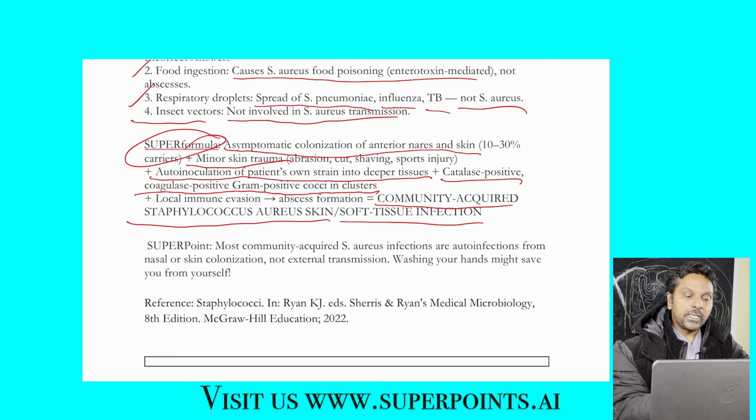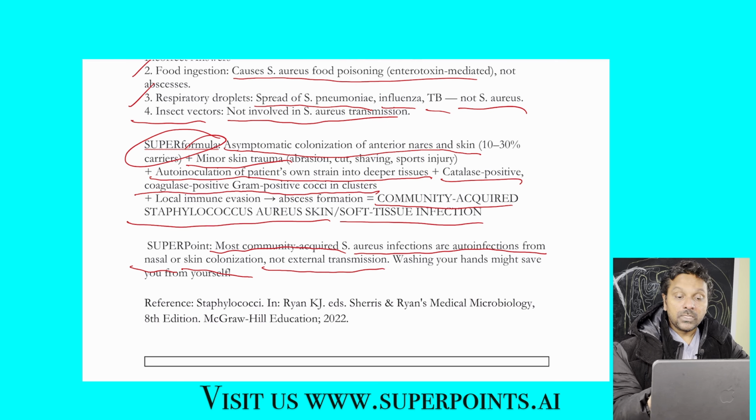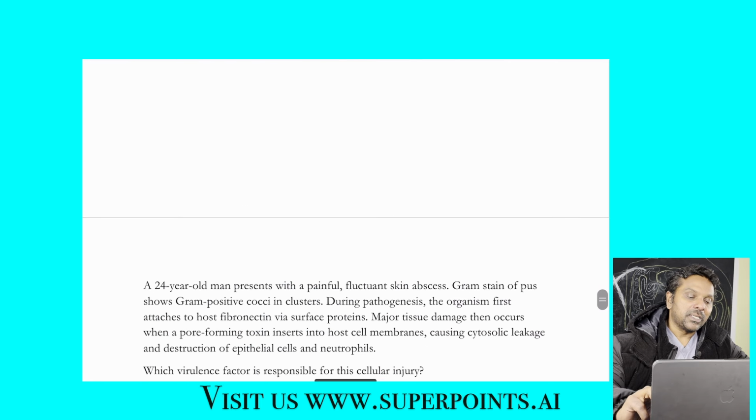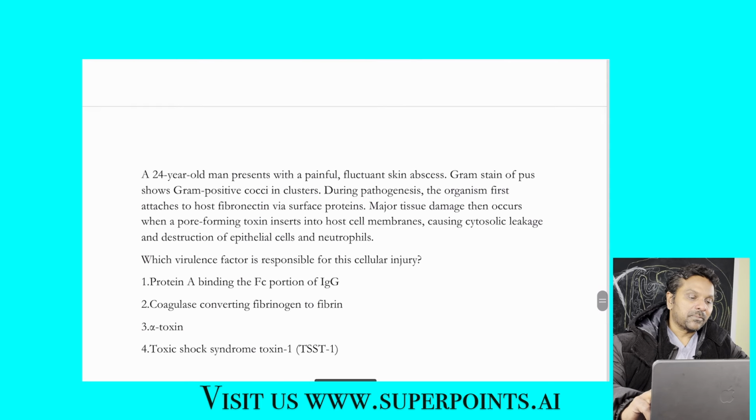The super point here is most community-acquired Staph aureus infections are auto-infections from nasal or skin colonization, not external transmission. So washing your hands might save you from yourself. That is a very, very important clinical truth.